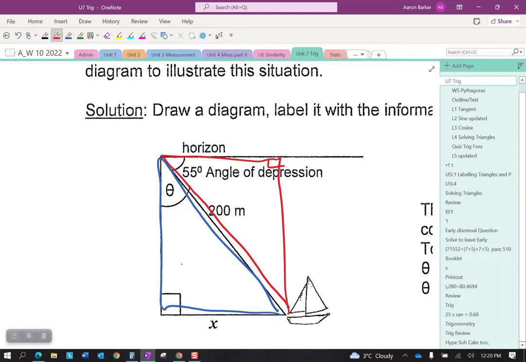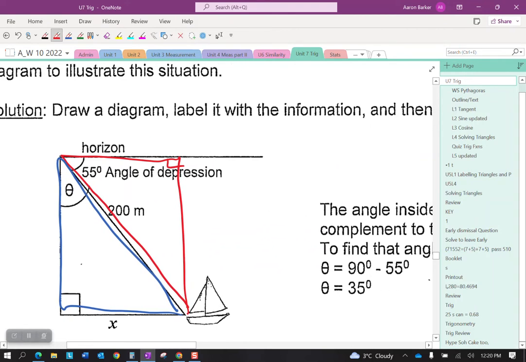With this triangle right here, all right, label your HOA. Now I'm going to use red. So this would be my hypotenuse. According to the angle of elevation, this is the opposite side, and this is the adjacent side. Now the tricky part is, when you're working in the mirror triangle, you only have 55 degrees and 200. There's nothing else there.